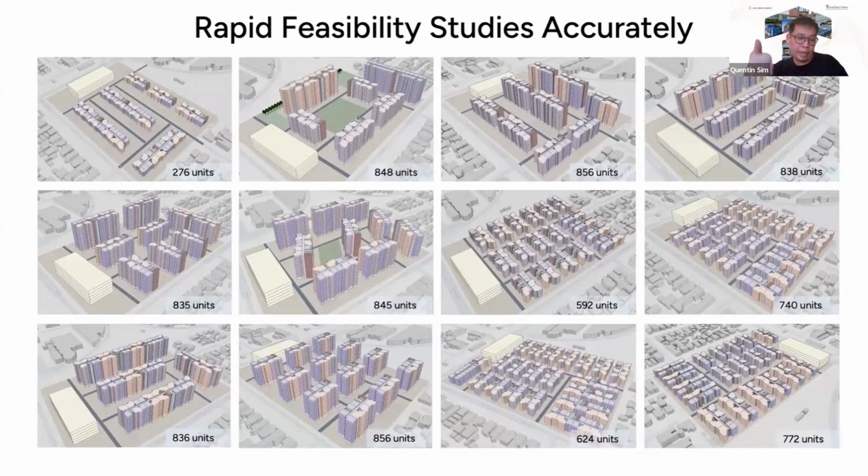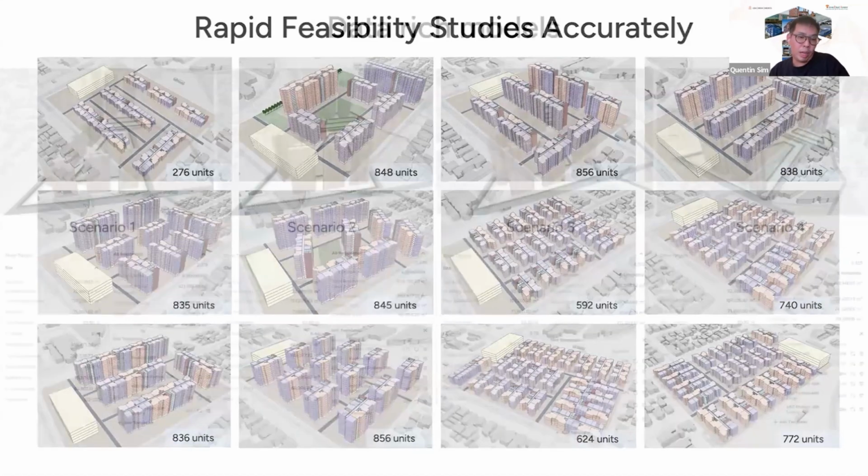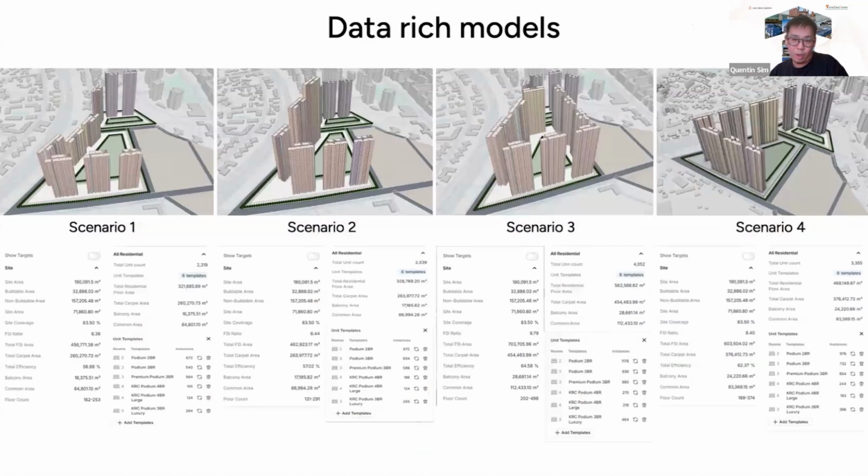Instead of hiring an architect, getting a code compliance guy, getting a modeler in, you see how a computation design engine could help you prove your point much faster. You still need a human here to do the work, but the work gets done and the point gets across much faster because it's 3D and much more accurate. Of course, behind it is all the numbers that you can digest.